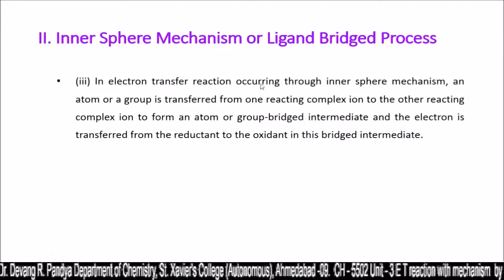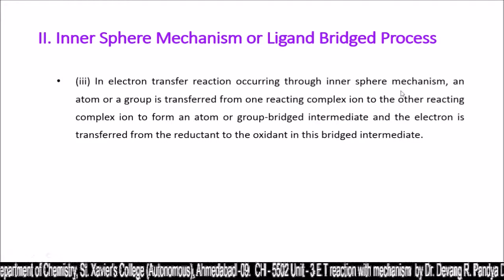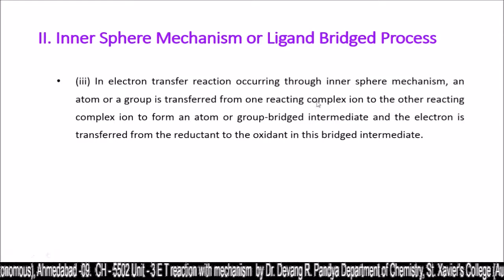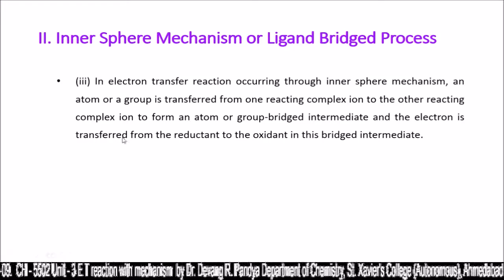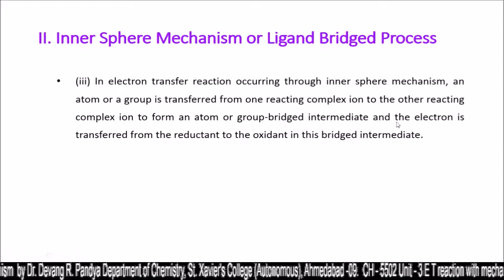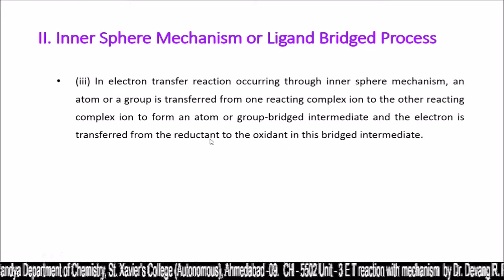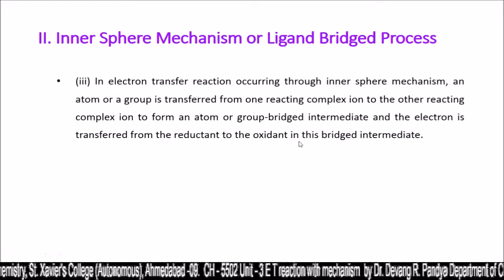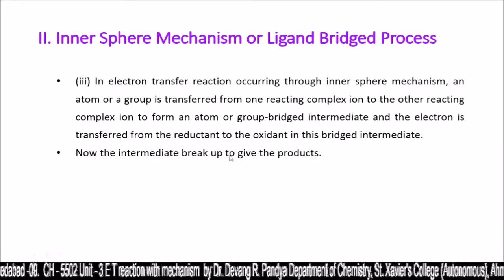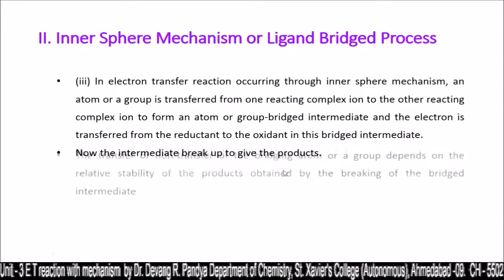In the electron transfer reaction occurring through the inner sphere mechanism, an atom or a group is transferred from one reacting complex ion to the other to form an atom or group bridged intermediate, and the electron is transferred from reductant to oxidant in this bridge intermediate. Now the intermediate breaks up to give the product.